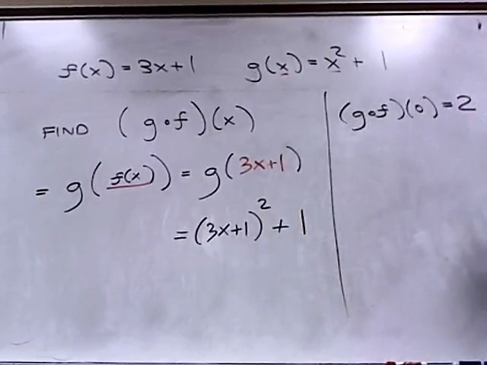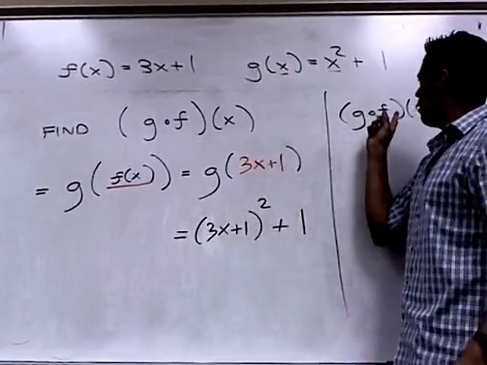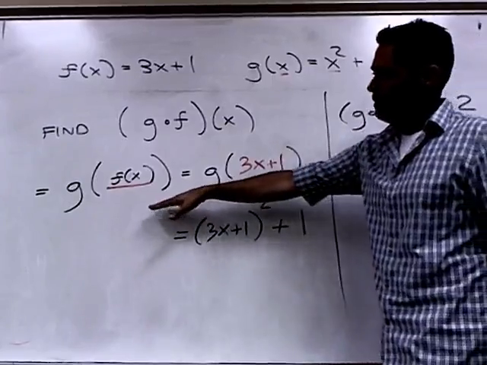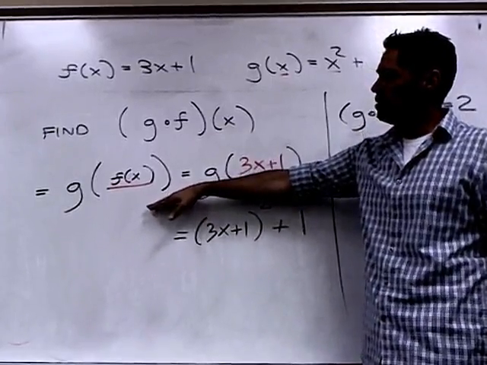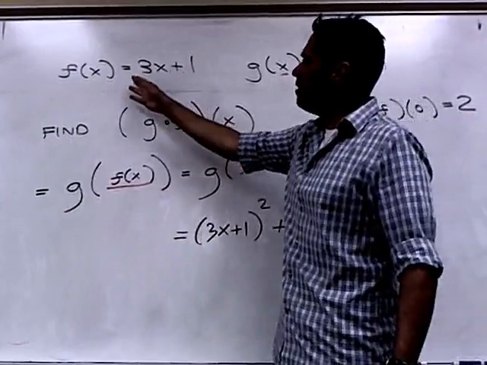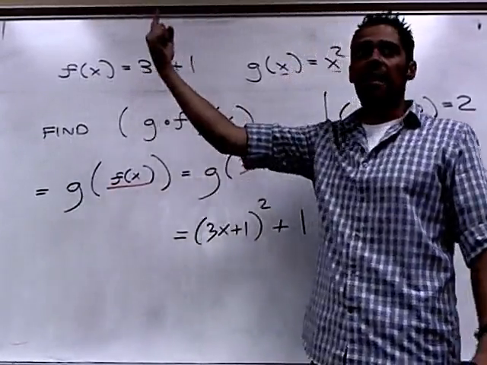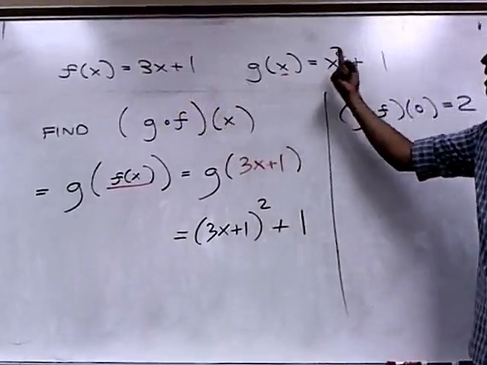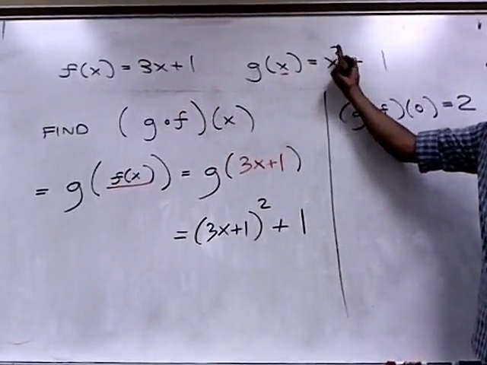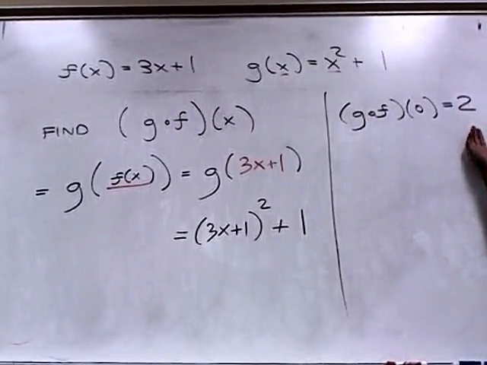Let's just check and see what happened here. Which function gets 0 first? F. Okay. Ladies, what happens if I give you 0? What do you spit out? 1. Take that answer, 1, and send it through the guy's function. What do you get? You get 2. You see that?